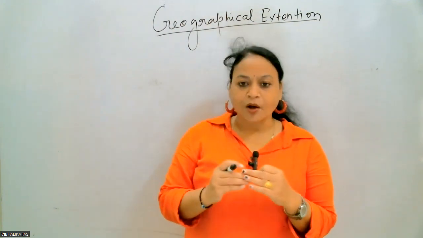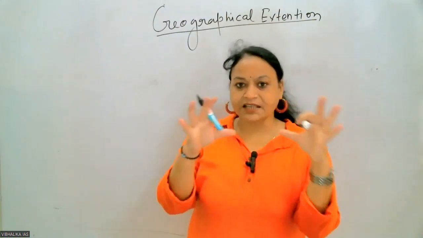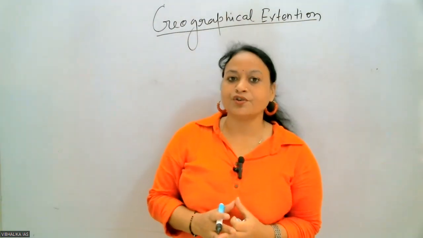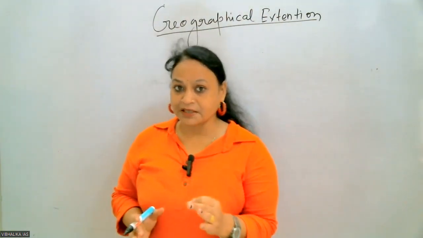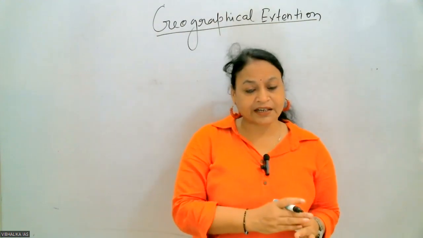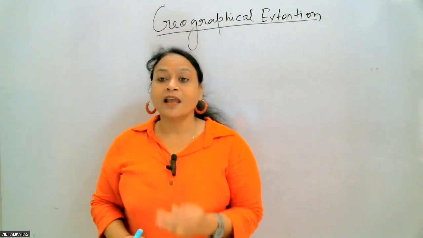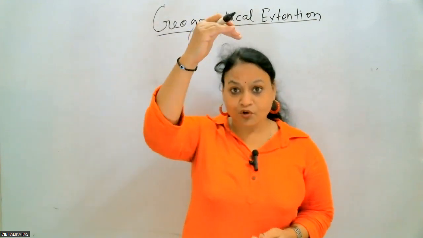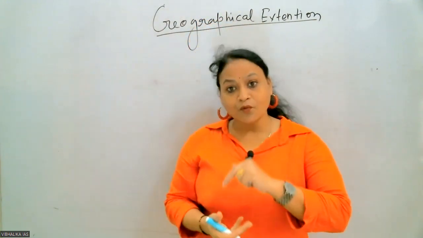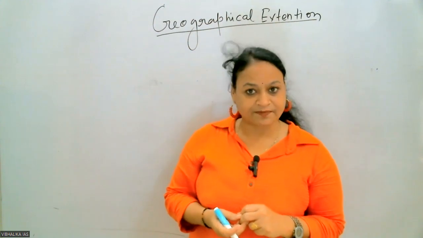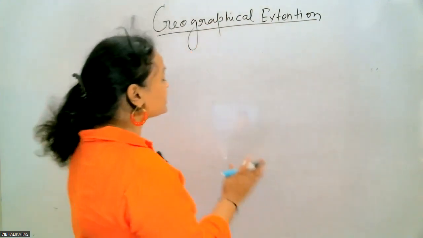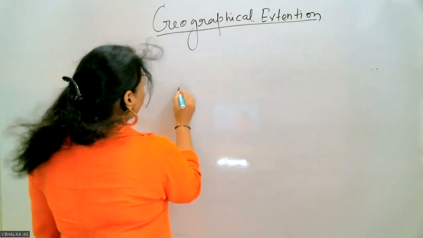So in this topic, I'll teach you the geographical extension of the Indus Valley civilization. It means in which part of India it was situated, how much total area this civilization covered, as well as what is the northernmost site and what is the southernmost site of this civilization.